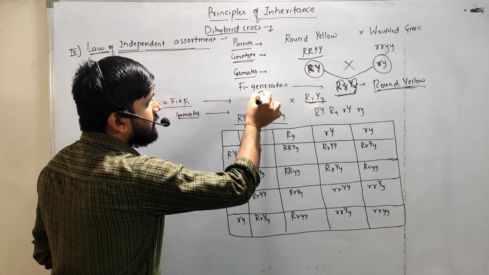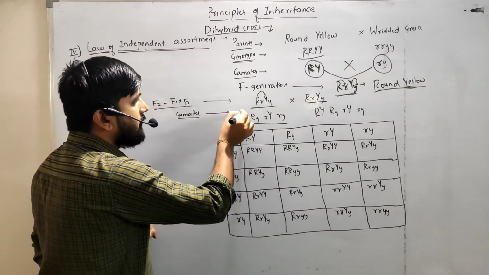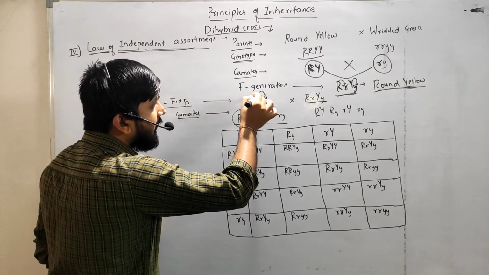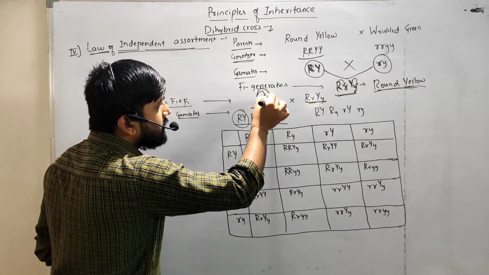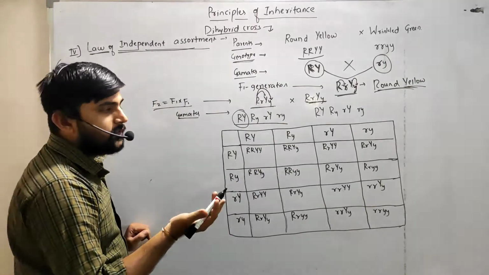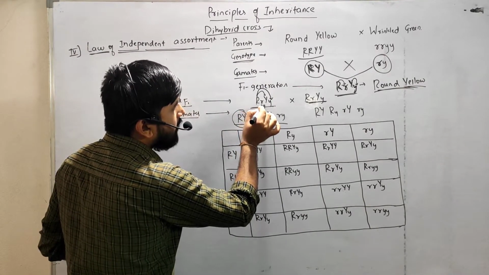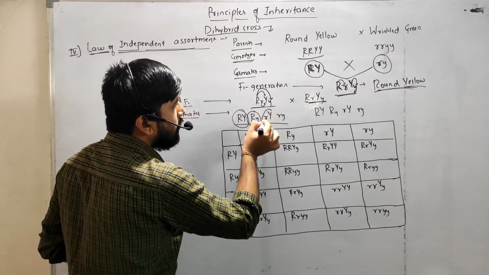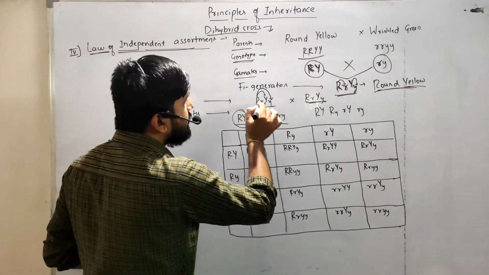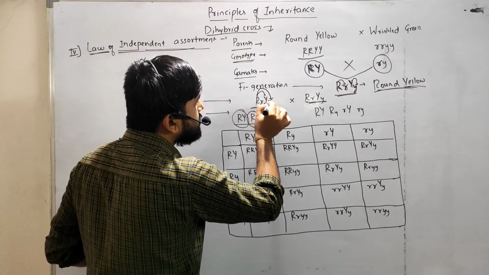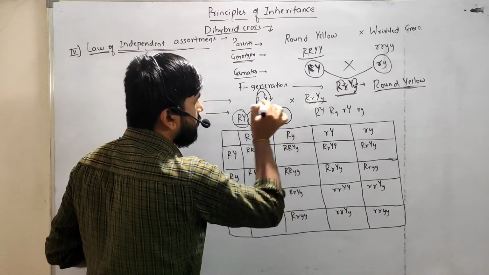Capital R with capital Y can form one gamete. Capital R with small y can form another gamete. Small r with capital Y forms one gamete, and small r with small y can form one gamete.